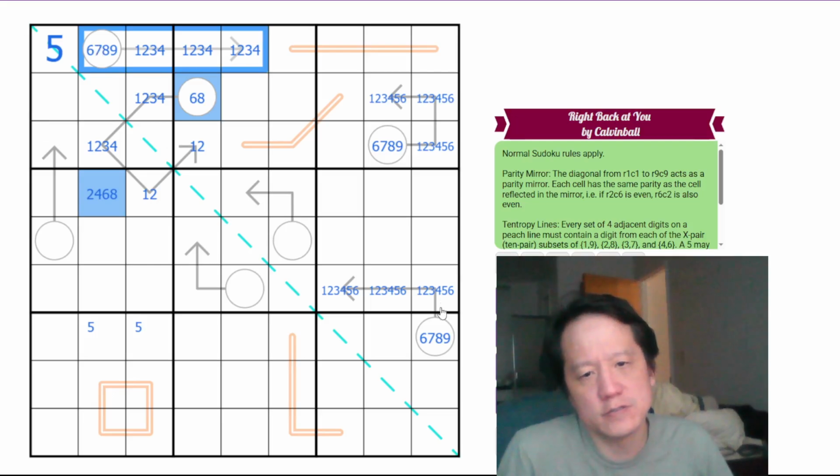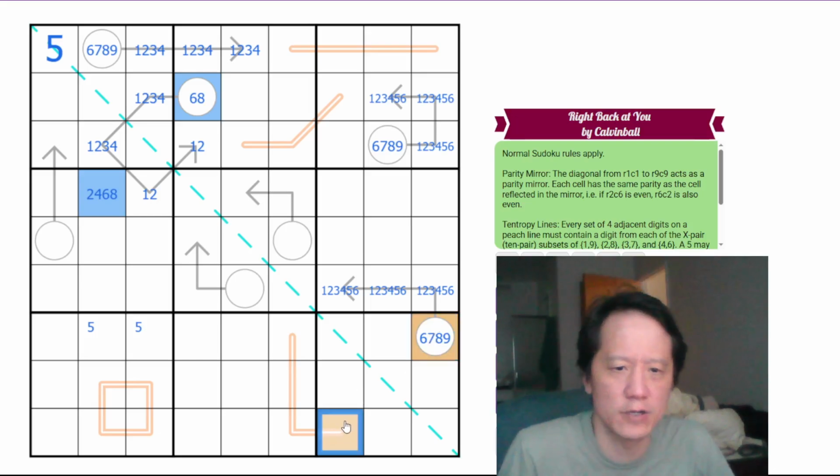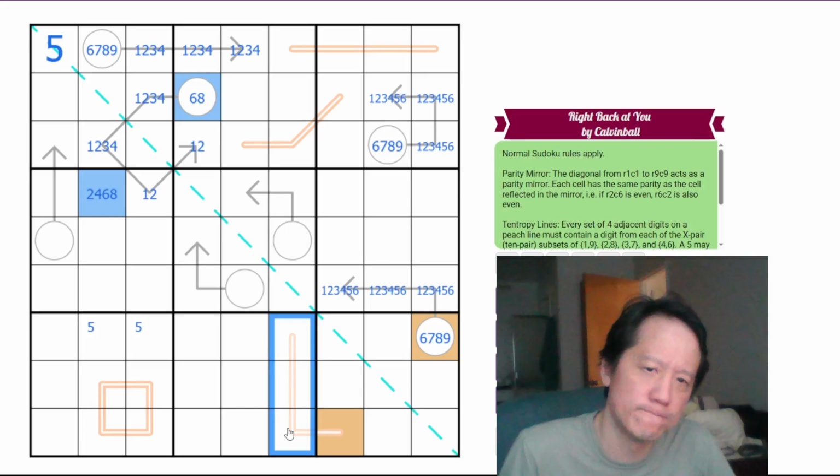So these here are matching in the sense that there's the same parity. These are matching, these are matching, these are matching. So this must be 2 of one parity and 1 of the other. Does that tell us anything? I'm not sure.